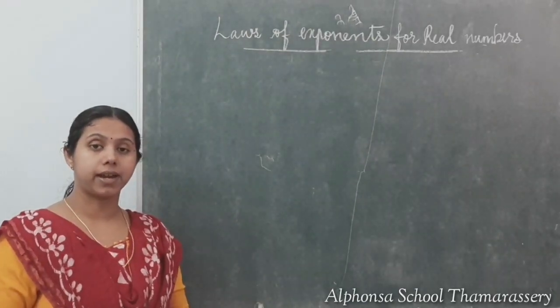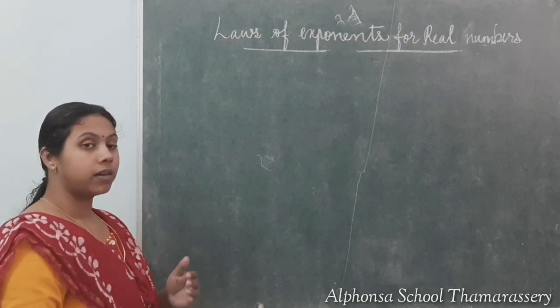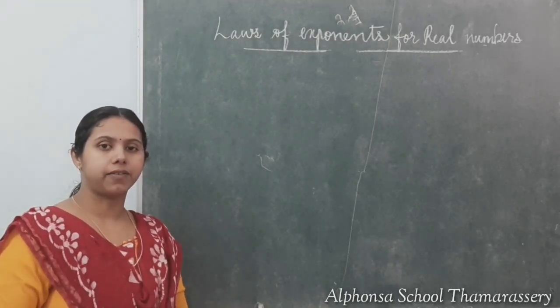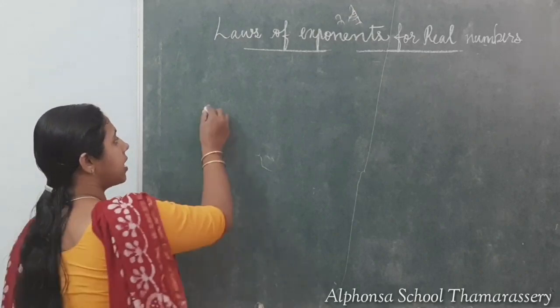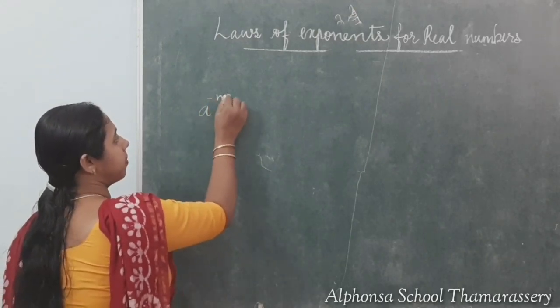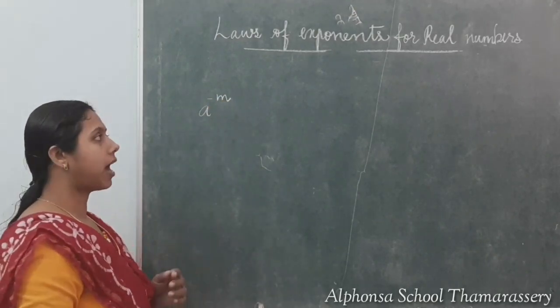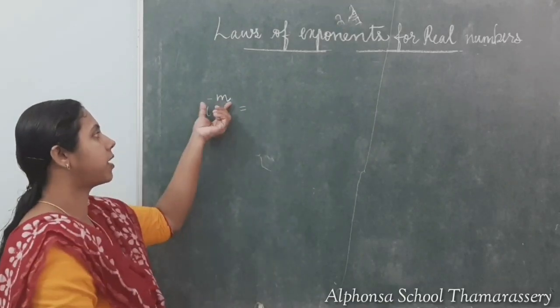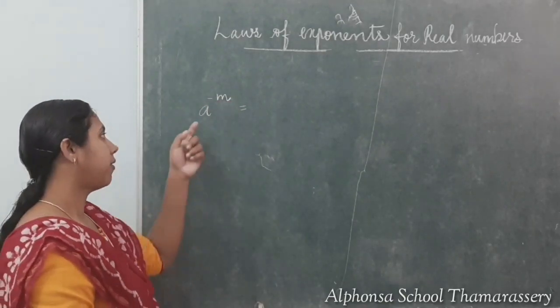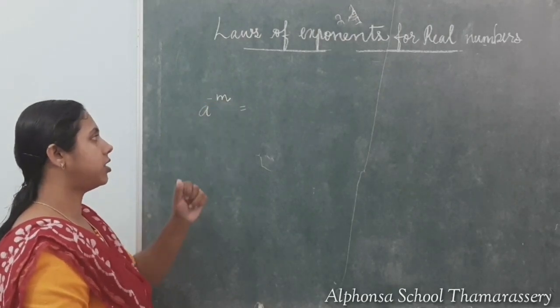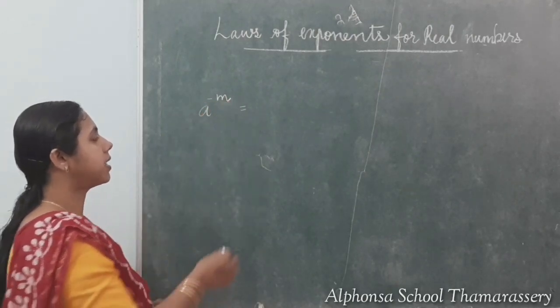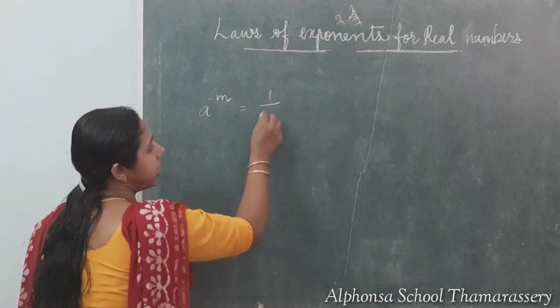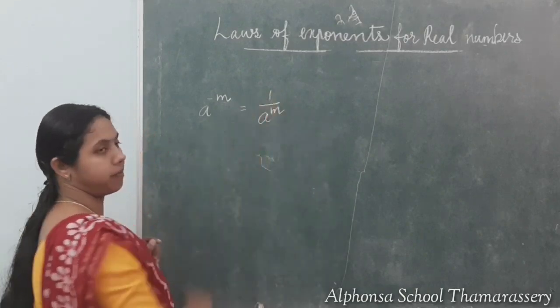Also, we have studied in the 8th standard the case when the exponent is a negative integer. Last year we studied that a raised to minus m is equal to 1 by a raised to m, where the exponent is a negative integer.